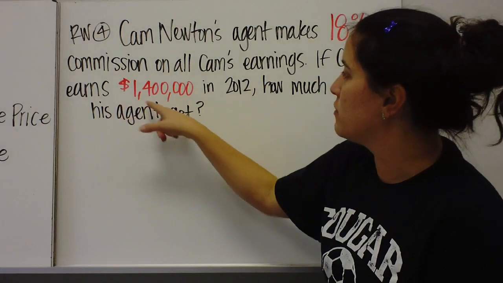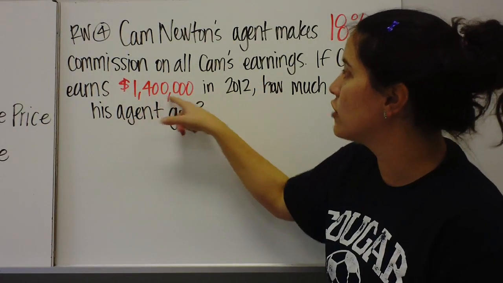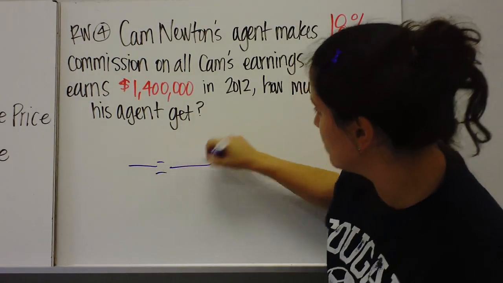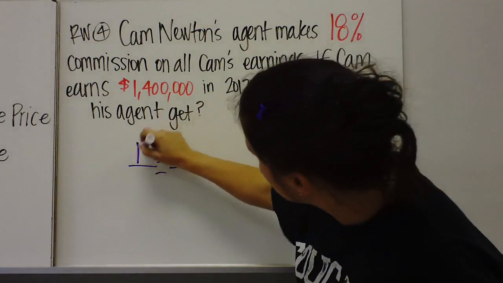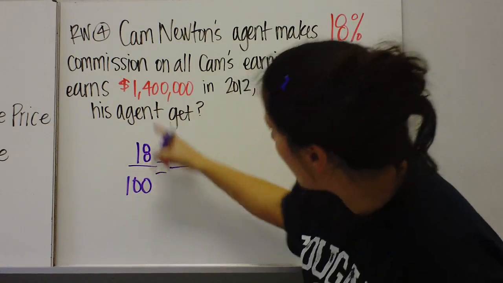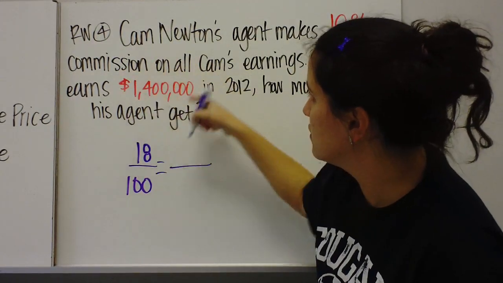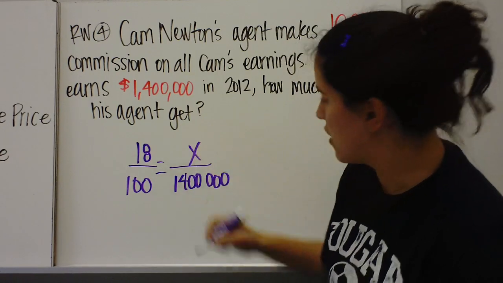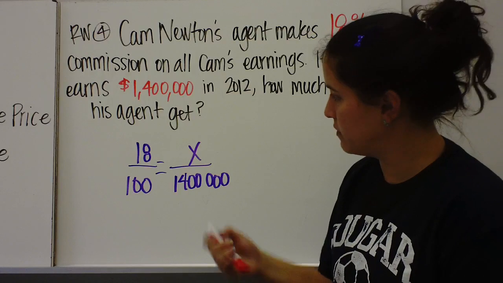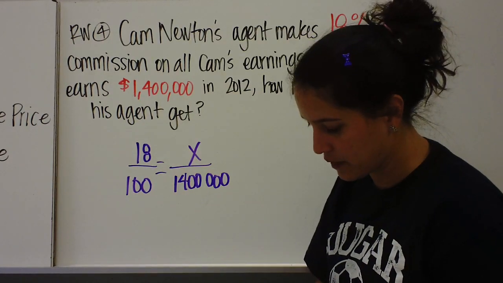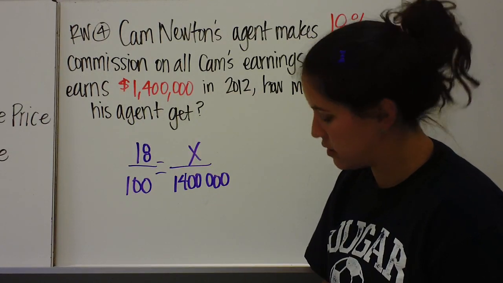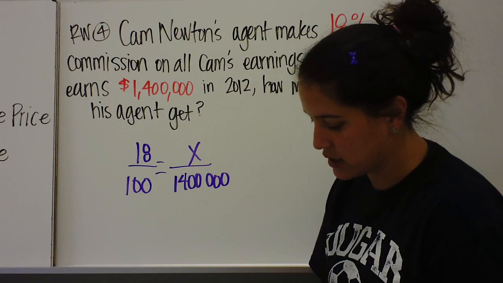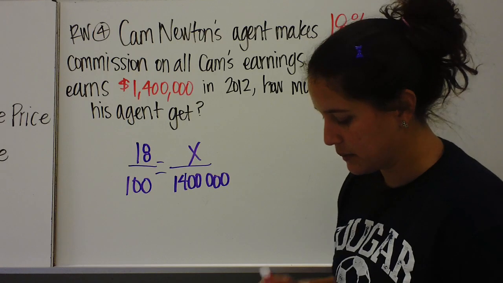If Cam earns $1,400,000 in 2012, how much will his agent get? So we're going to set up a proportion and his percent, and then his money goes on bottom. So we need to solve that proportion. So we type in 18 times 1,400,000 divide by 100.